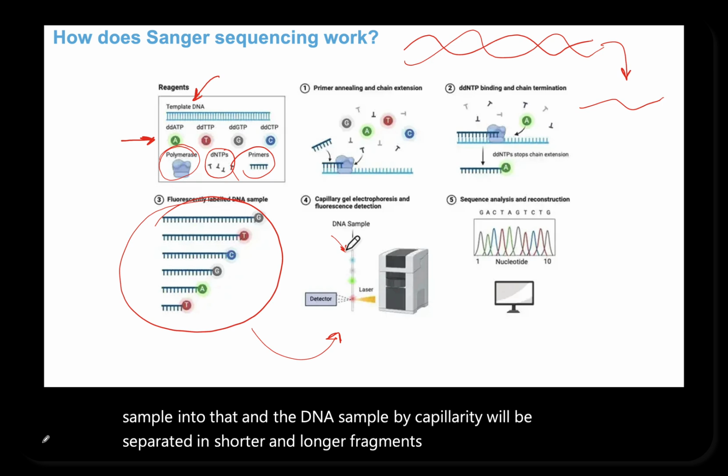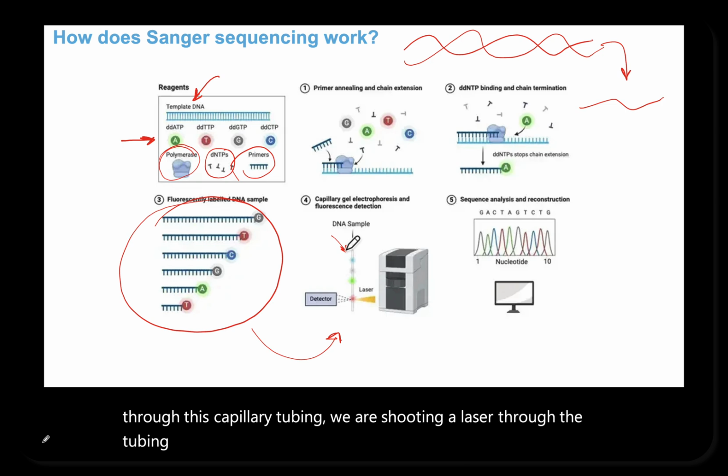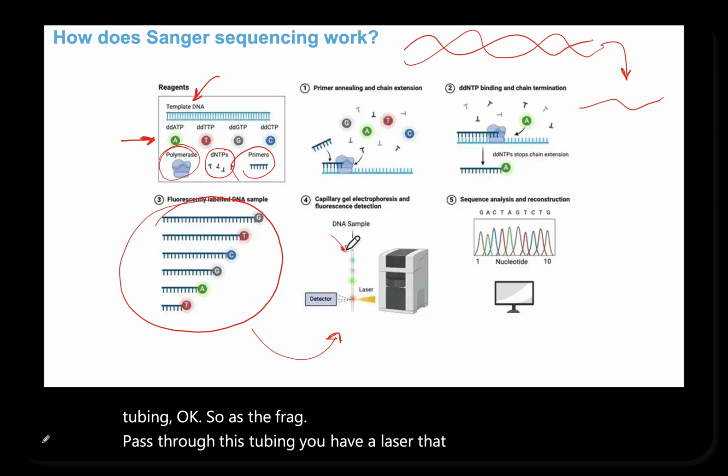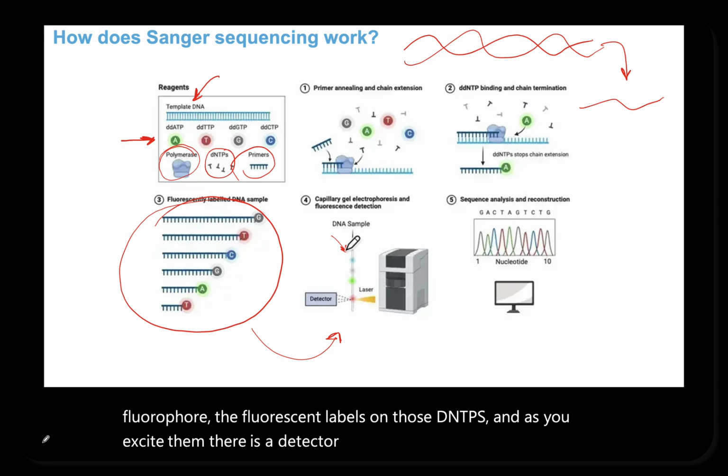As they move through this capillary tubing, we are shooting a laser through the tubing. As the fragments pass through, the laser excites the fluorophores, the fluorescent labels on those ddNTPs. And as you excite them, there is a detector that identifies the fluorescent signal of each ddNTP.